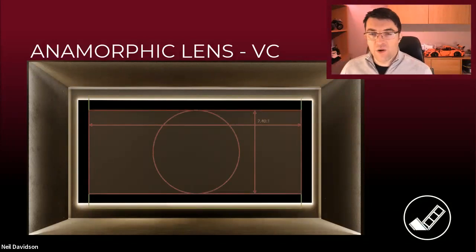So here is our native projection once again. Now, when you are using the vertical compression lens, you set it up as we did with the electronic zoom. You are over scanning the image. That's your first step actually of the setup, is to make sure you've got the width of the screen filled.